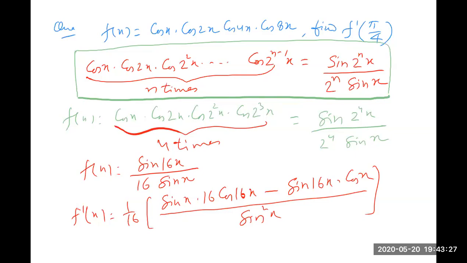So this is equal to 1 upon 16 sin square, sin A cos B. No, this formula cannot be applied here. So directly you have to put the value now. Directly you have to put the value and solve it. x equal to pi by 4.